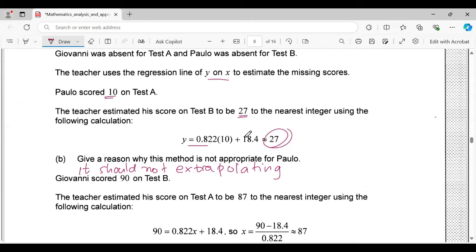If you're using the formula y on x, you cannot extrapolate to find the solution. Okay.